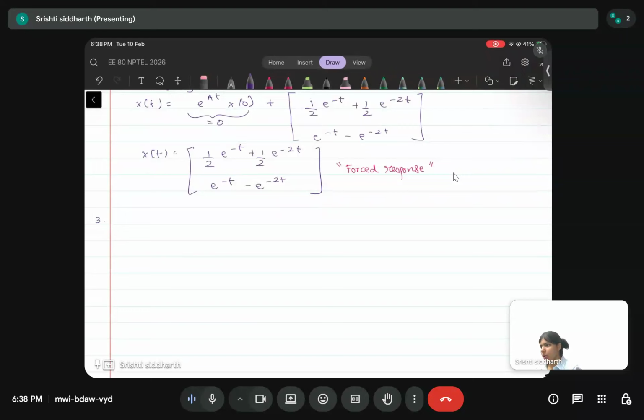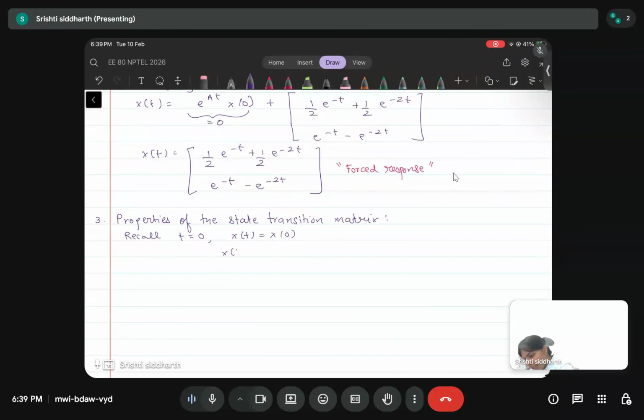On to another topic, which is the properties of the state transition matrix. We recall that at time t equals 0, x(0) is exactly x0, right?